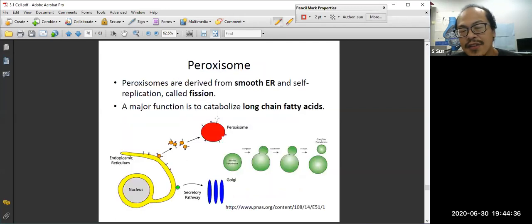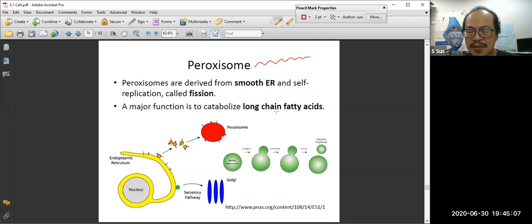So that's Golgi, and another one is peroxisome. Peroxisome comes from the smooth ER, and its function is to break apart long chain fatty acids. We talked about how a fatty acid has this structure, right? And this chain can be very long.